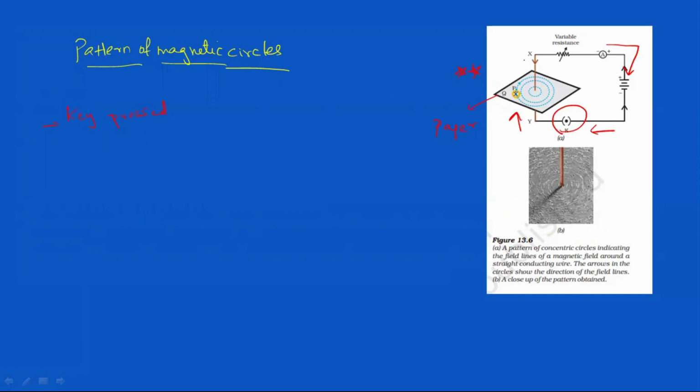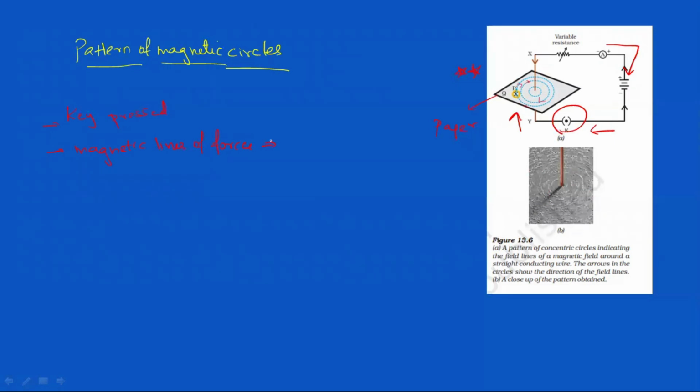When you see the magnetic lines of force, they are in the clockwise direction as shown in the figure. The magnetic lines of force are concentric circles. They never collide with each other. So these will also have force.